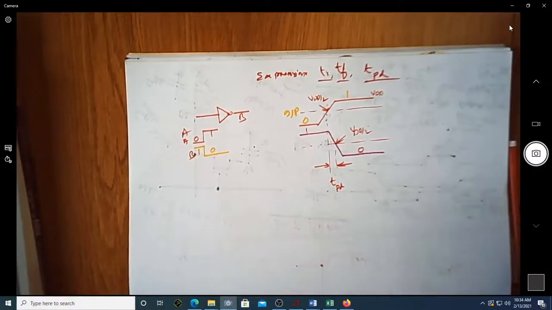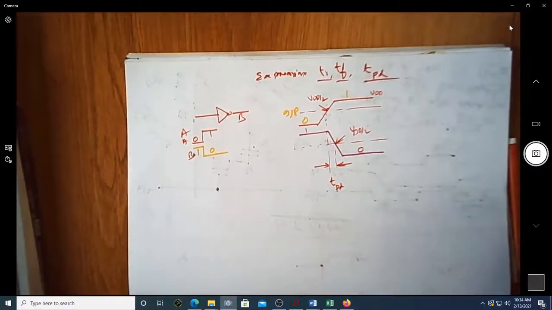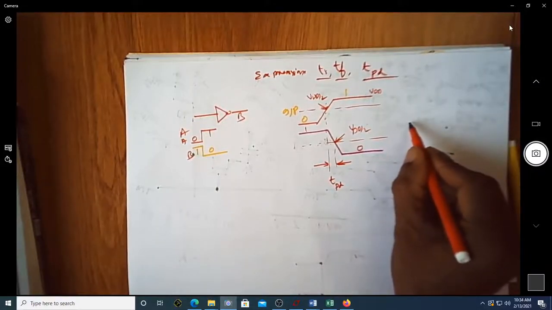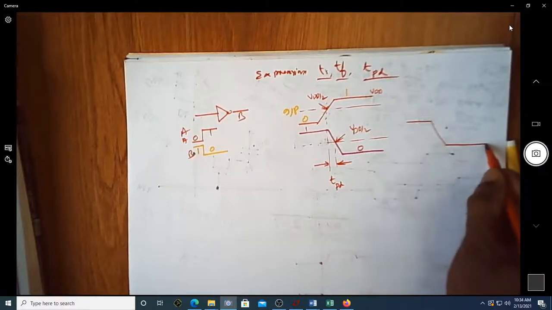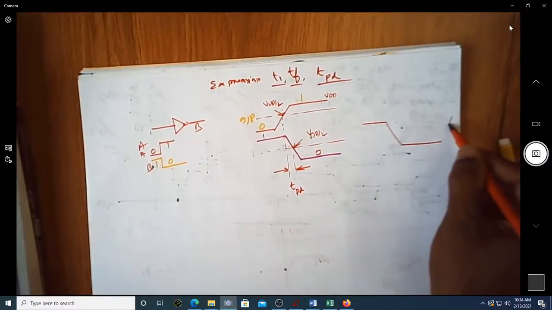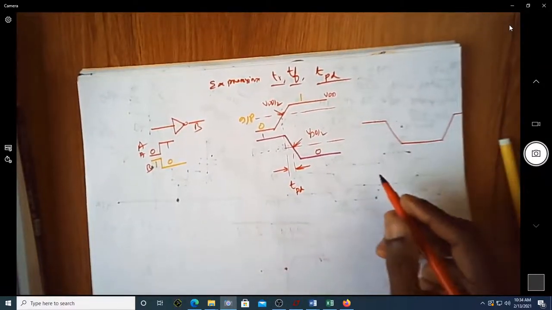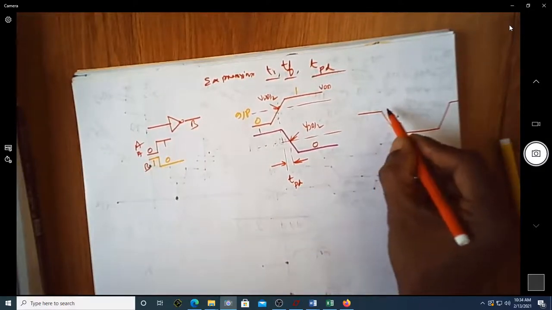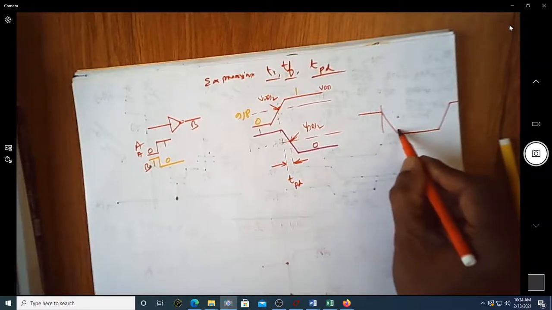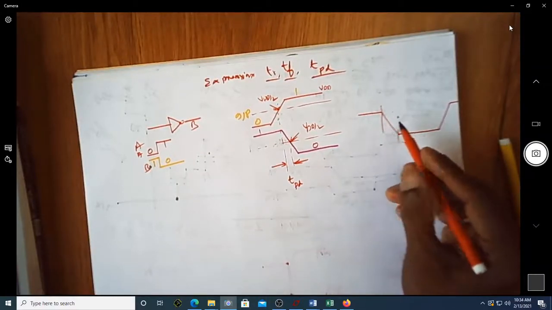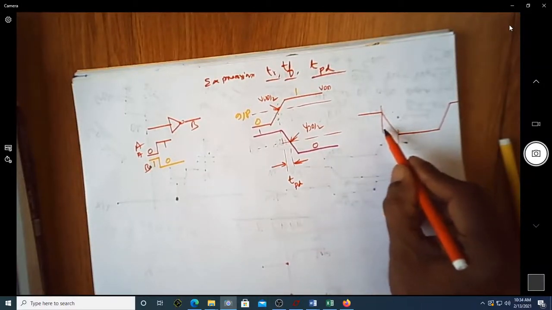Coming to rise time, let us consider the same output voltage which is coming down like this, and for the other transition it will go up like this. Ideally speaking, we would define the rise time and fall time as the time taken for the output to change from VDD to 0.